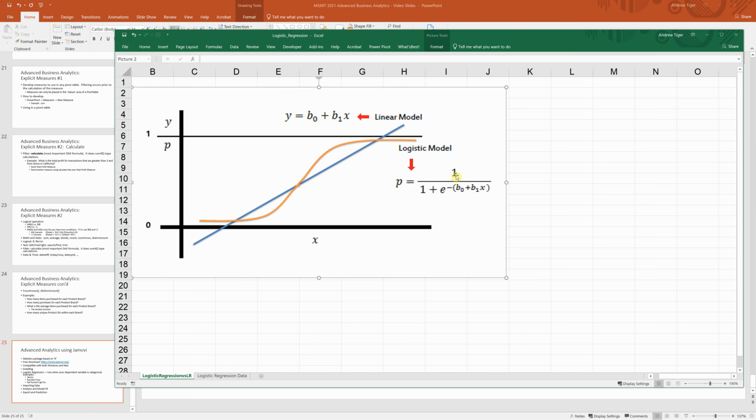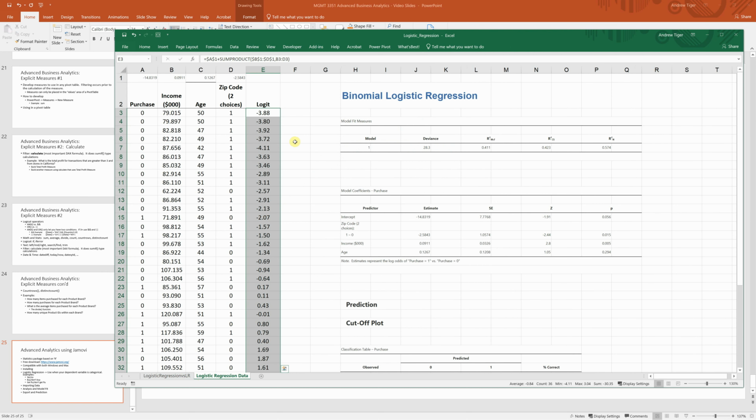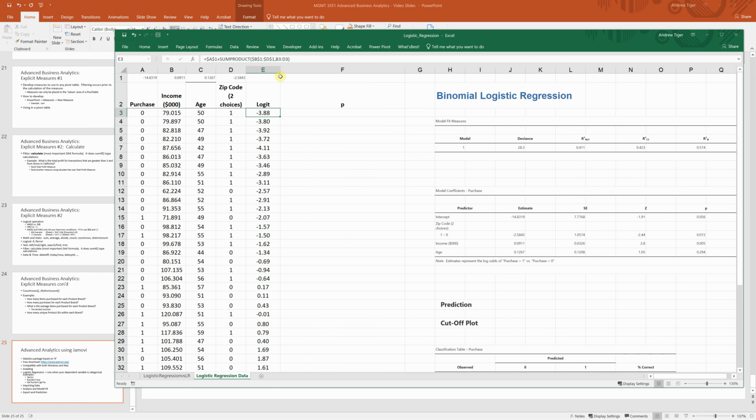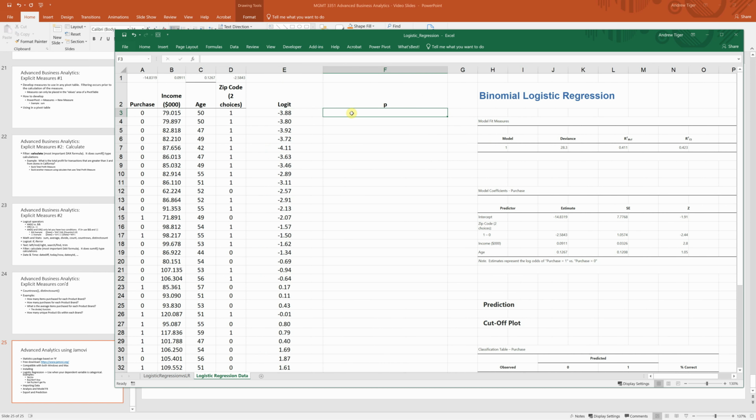Now we need to do 1 all over 1 plus e raised to the minus of this value. So now let's calculate P, and it's equal to 1 divided by 1 plus exp, like this, and then raised to minus this value that is in this cell. So let me make that wider so we don't get overlapping.